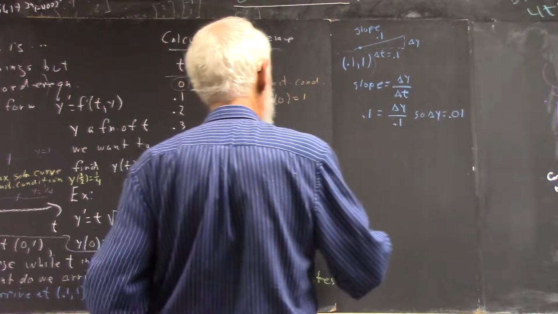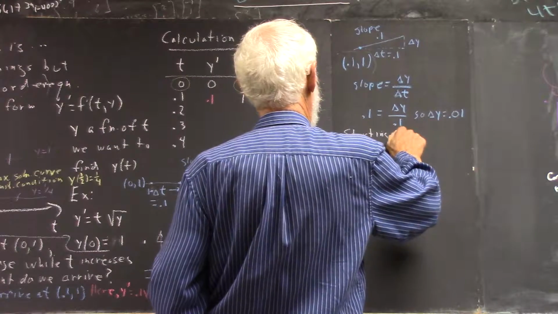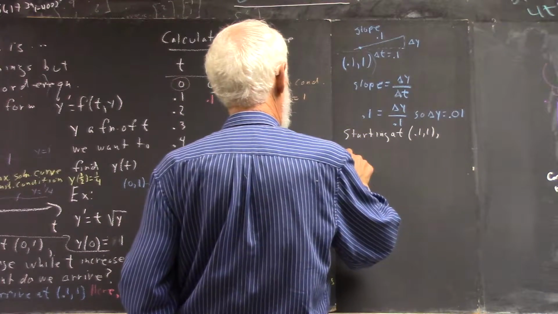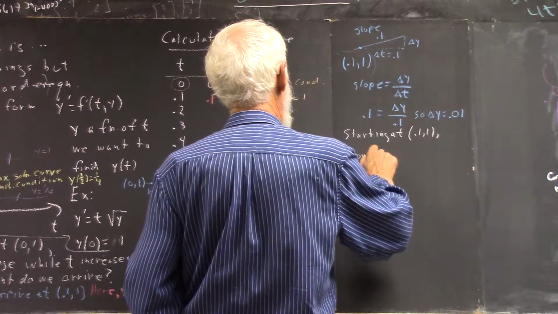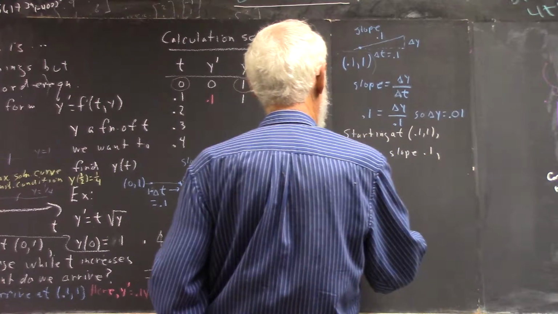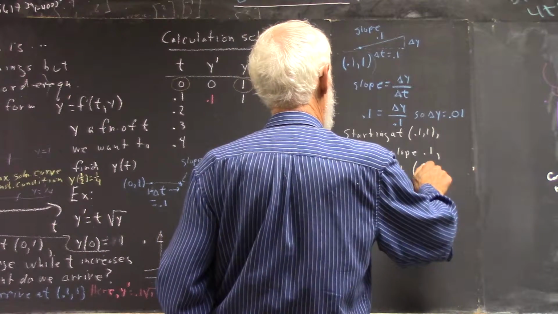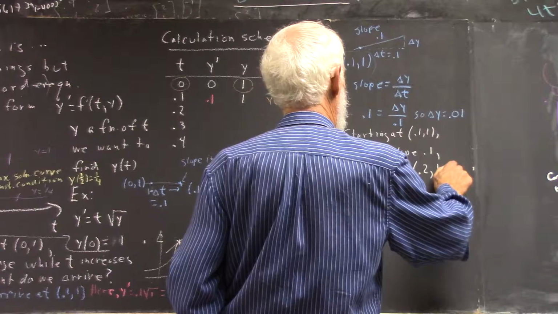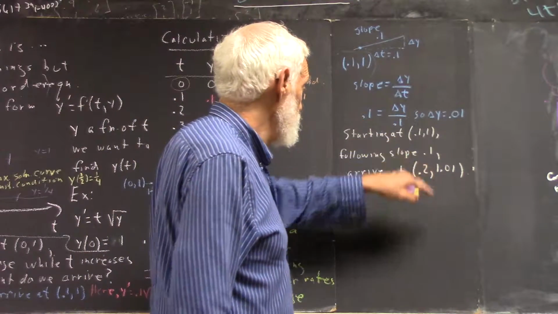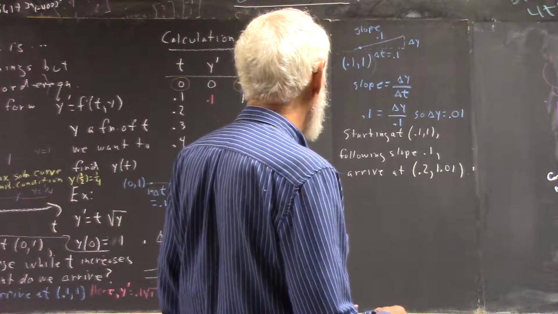So from this, you arrive at 0.2, 1.01. You start at (0.1, 1), the slope is 0.1.